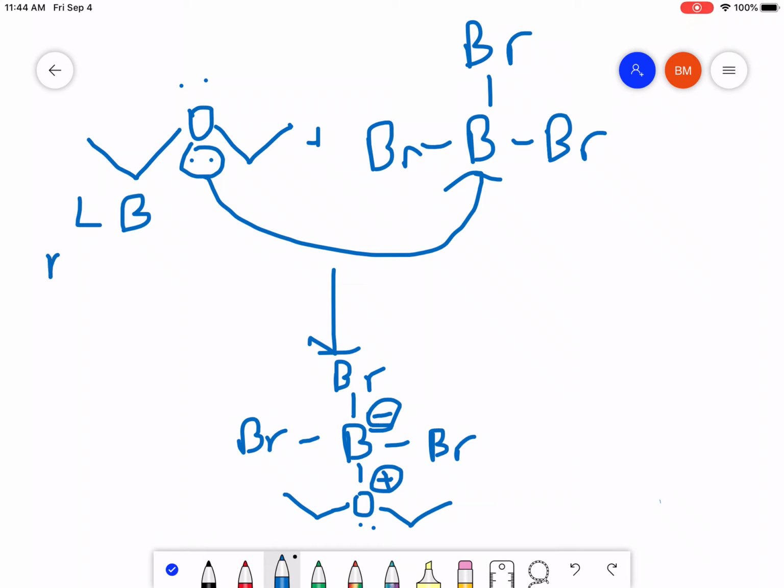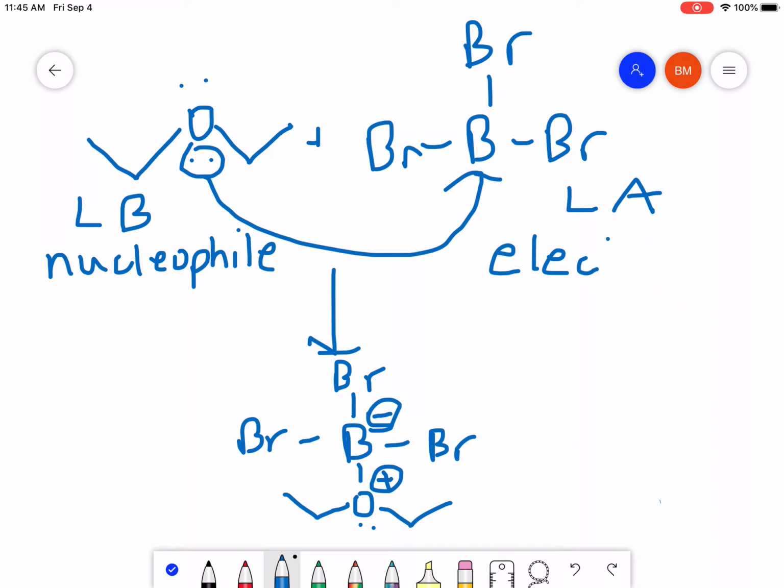It's also going to be classified as a nucleophile. Boron tribromide, it's accepting electrons, so it's a Lewis acid. It's a Lewis acid that's not a Bronsted acid, so you can also classify this as an electrophile.